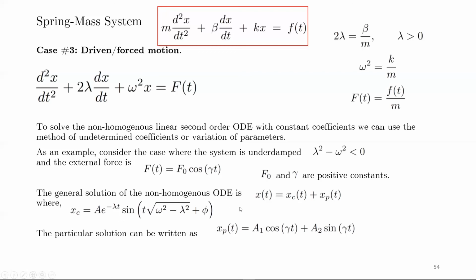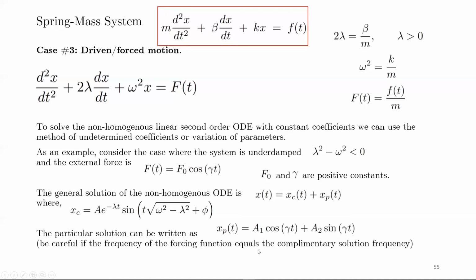And then if we use the method of undetermined coefficients on this system, so here we have a cosine, so we try a test solution or a particular solution of some number a1 times cosine plus a2 times sine, okay? And so we'd solve this in exactly the same way that we did for solving any second order non-homogeneous constant coefficient linear ODE.